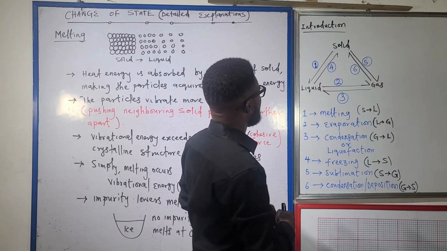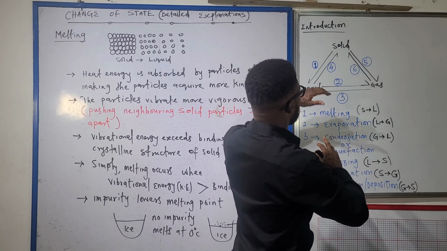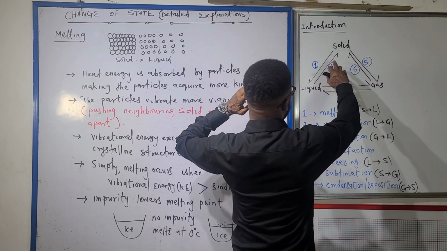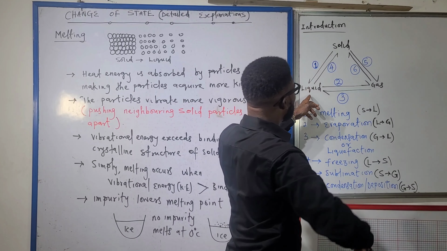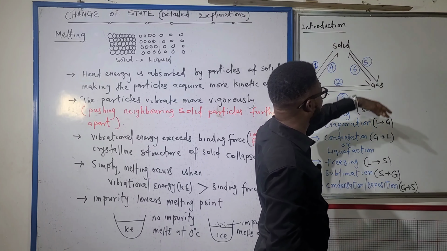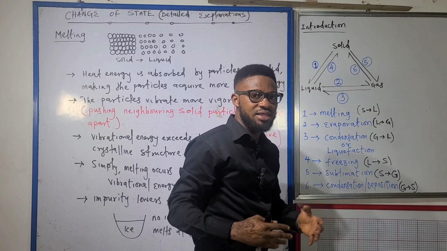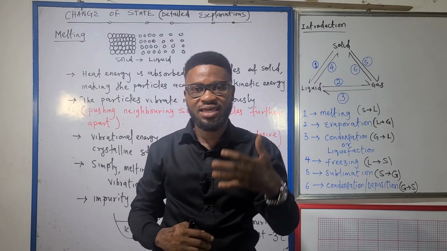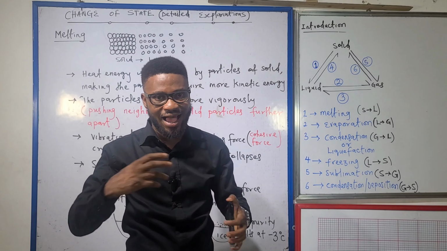Okay, let's move on. Last time out, we talked about various changes of state: solid changing to liquid, liquid becoming gas, gas becoming solid, solid becoming gas, and the likes, depending on whether heat has been added or removed.